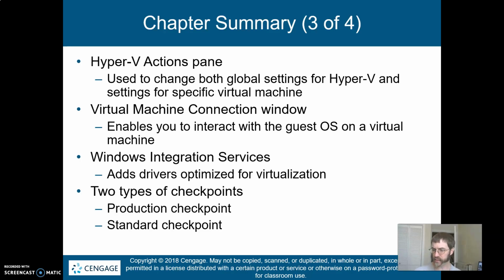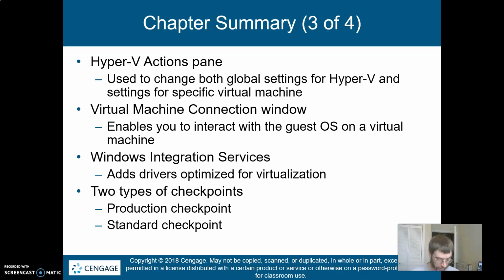It's like the hibernate. If you were to put an OS into hibernation, one of the things it does is dump the current state of memory into a hibernation file, hiberfile.sys specifically, so that when you wake it up, it can go right back to where it was. That is a standard checkpoint.